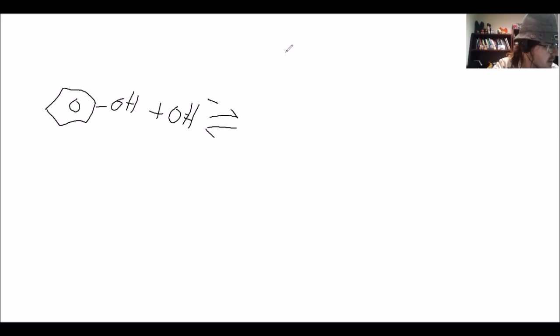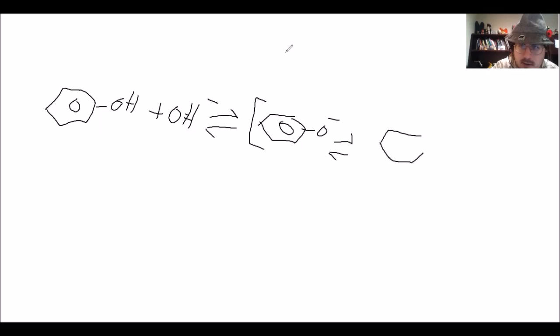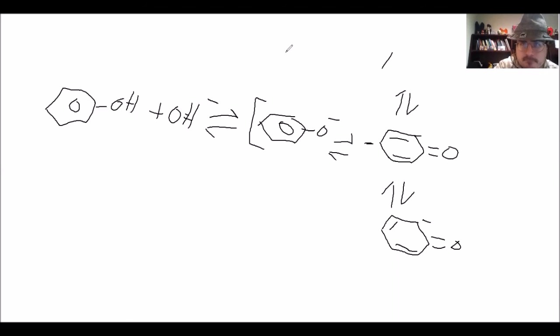In fact, we have a Ka of this, but what's going to happen is it's going to form O minus, but it's also going to be able to switch this resonance around, putting the negative charge at these various positions.